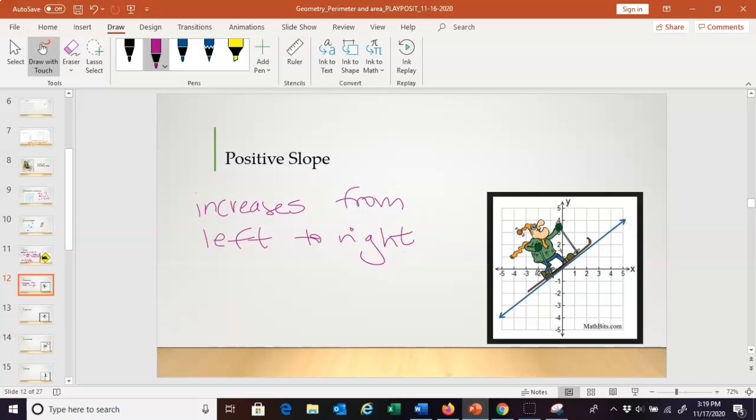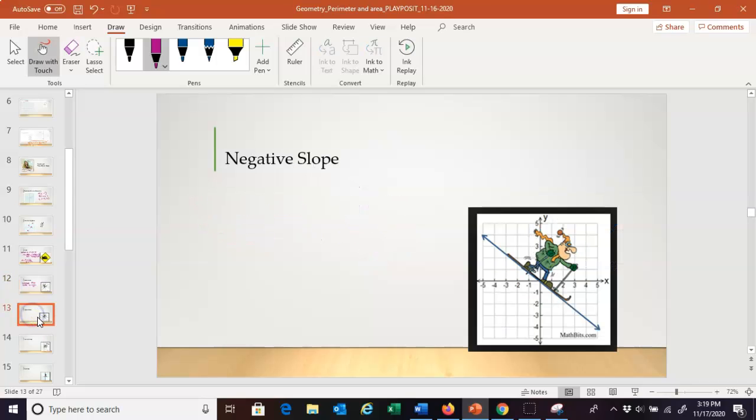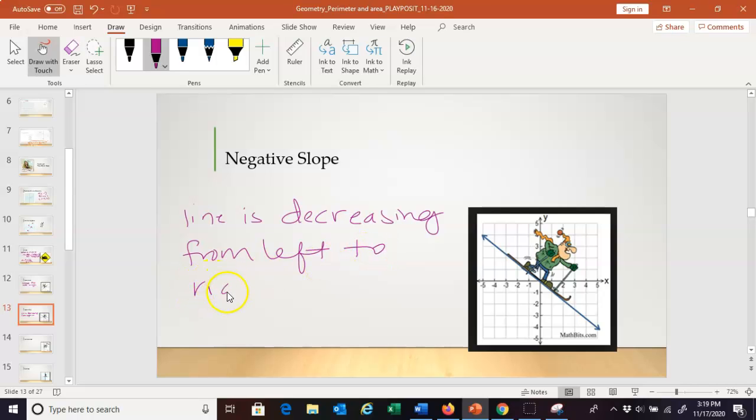The line is going up, right? Here's our negative slope. The line is going down from left to right. So the line is decreasing from left to right. And I think a lot of you, probably all of you, could very easily tell me, oh, that's a negative line, right? We know negatives go down.